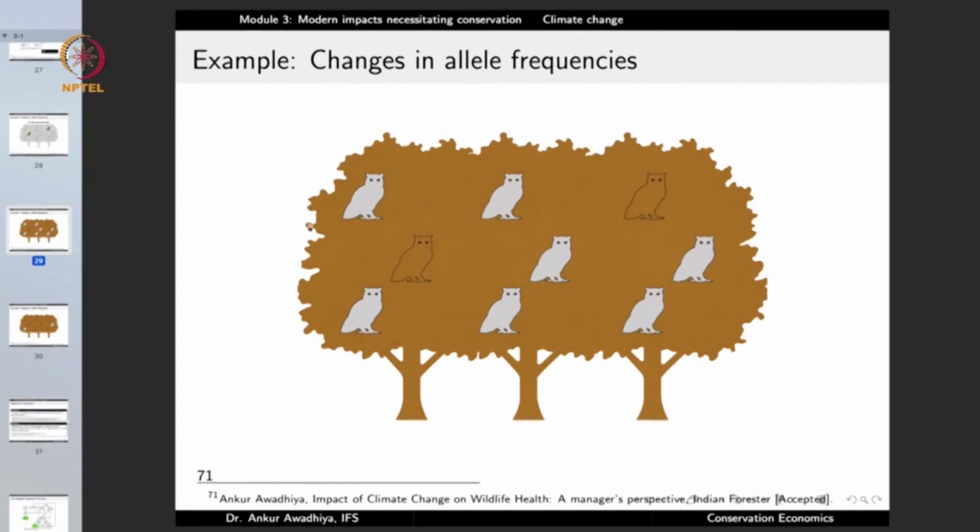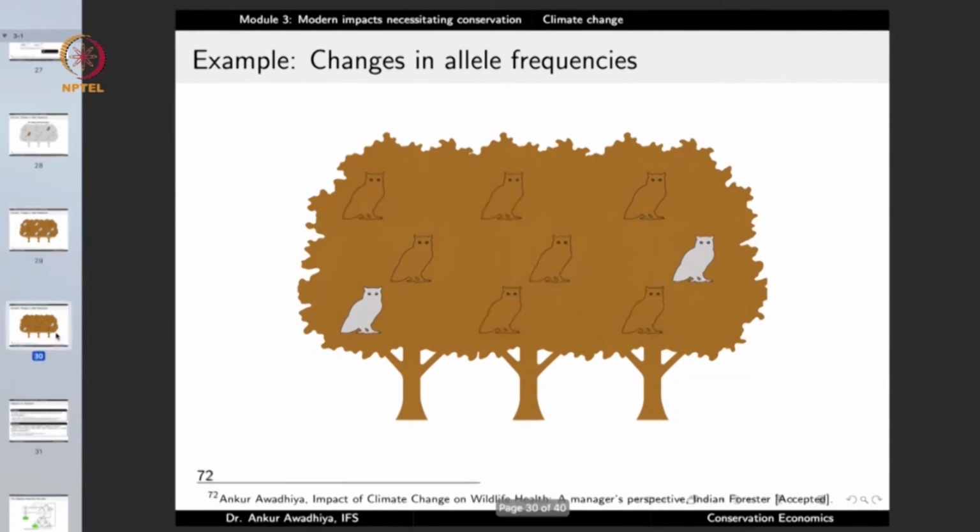Now, if it is a light colored bird, then the prey will very easily spot the bird. If it is a dark colored bird, then it will be difficult for the prey to spot the bird. And so, how has nature responded, or how has this species responded? Because these light colored birds are now less able to get to the food, they have greatly reduced their fitness, whereas the fitness of the dark birds has gone up.